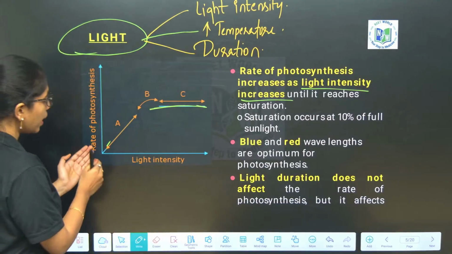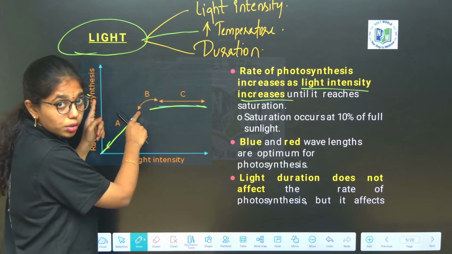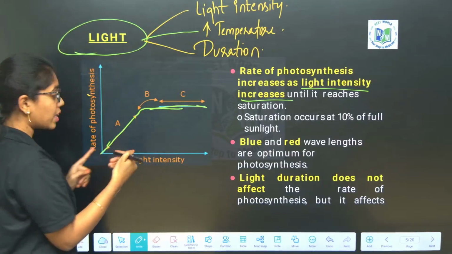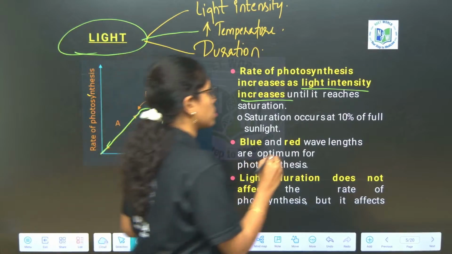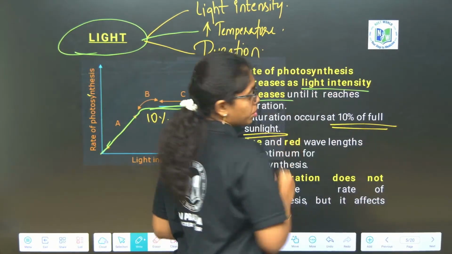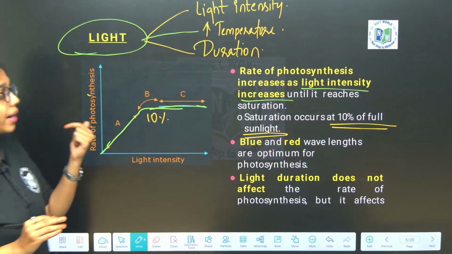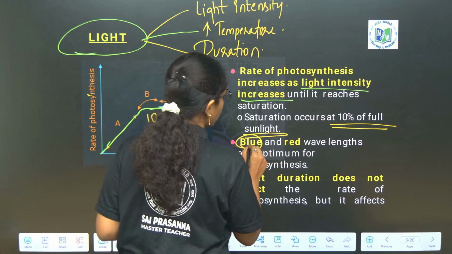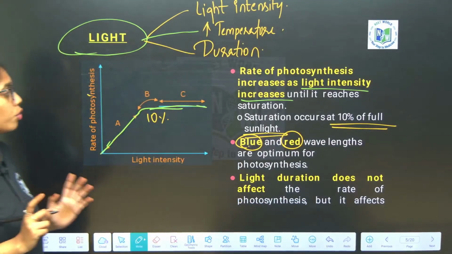Light comes to a saturation point at just 10% of full sunlight. Remember this. Blue and red wavelengths are optimum for photosynthesis.